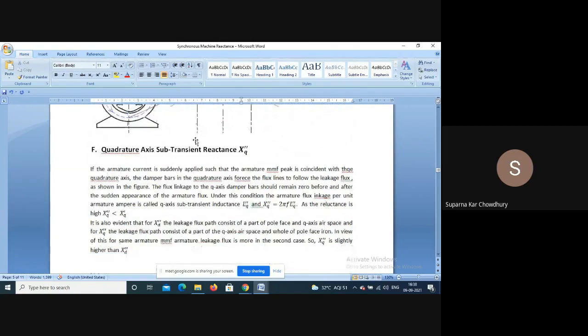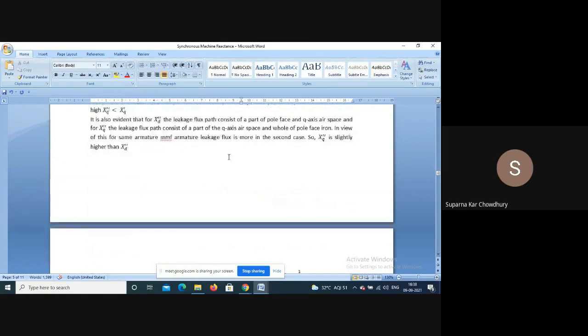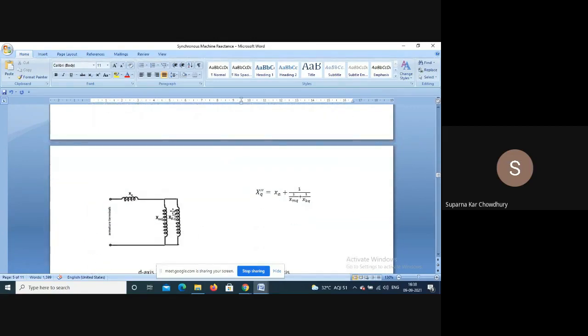However, for the quadrature axis subtransient reactance, we will have the damper bars here because the damper bars are normally continuous. So in the subtransient condition, there will be current flowing in the damper bar. So the equivalent circuit will be like this: XA in series with XMQ and XKQ.